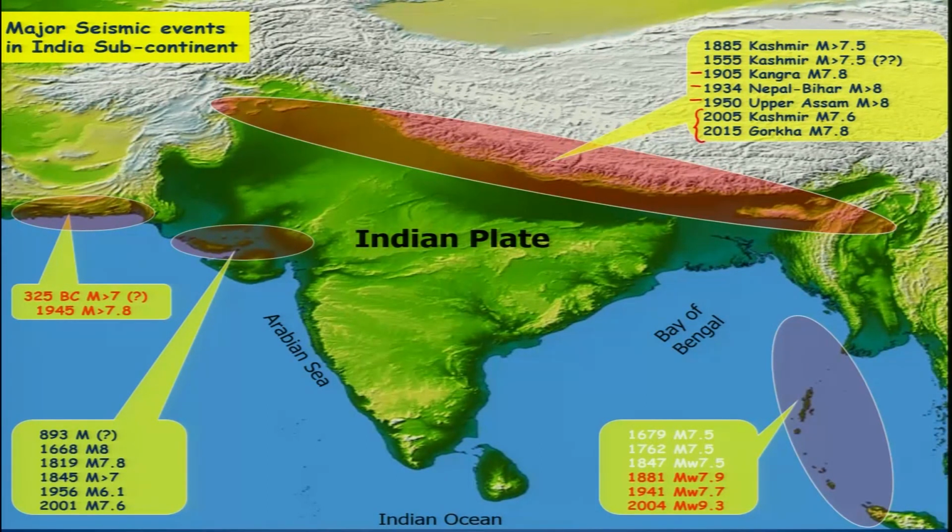Even the Kashmir earthquake of 2005 was along the earlier identified Thunder Fault in Pakistan, and 2015 remained blind, but this was along the Himalayan frontal thrust.